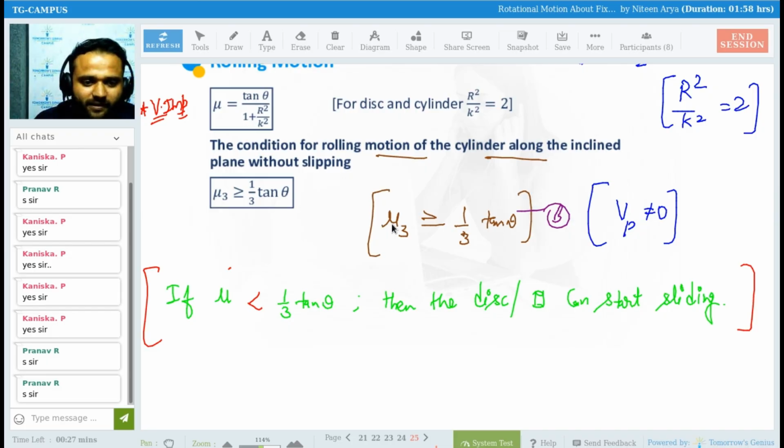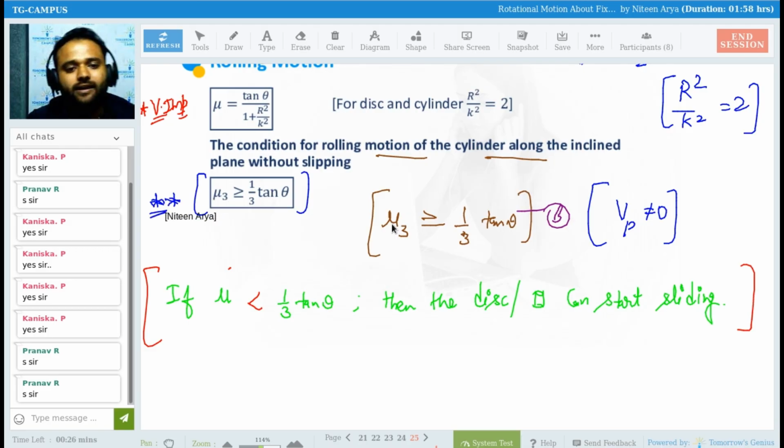Got it? And you can see my palm doesn't give this condition, so even it is going to rotate. Where is my hand? Yeah, you can see that it is going to rotate, not slide. Why so? Because this condition is fulfilled. Okay, so this is an important one. If this condition is fulfilled, what you can see is rolling.